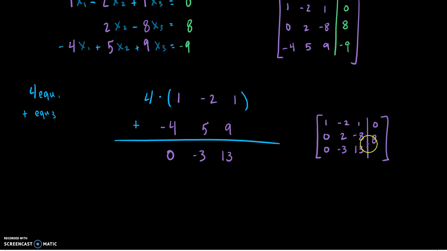As I previously mentioned, the right side of this matrix is going to change too. So we have to add this in there: I have a 0 right here as my augmented side, and I have a negative 9 there. But realistically, that doesn't change at all, does it? Because 4 times 0 is still 0, and then we're adding a negative 9, so we still have negative 9.